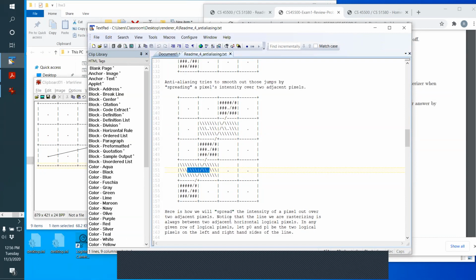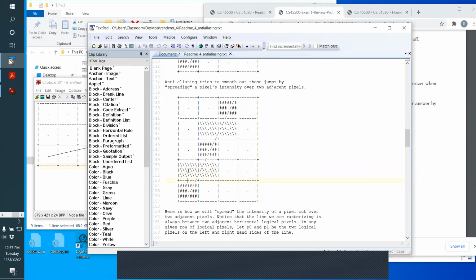What's the rule? What would you think in terms of just common sense? The line we're drawing is somewhere between that pixel and that pixel. It's a little bit closer to that pixel than it is to that pixel.